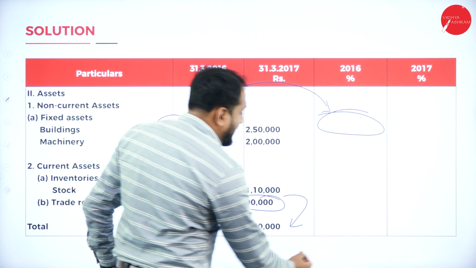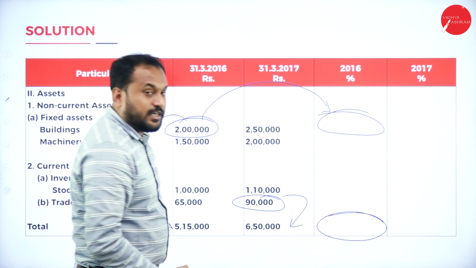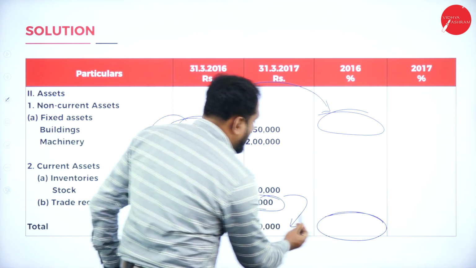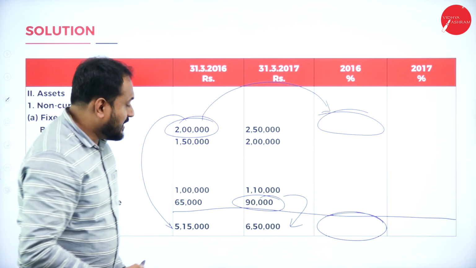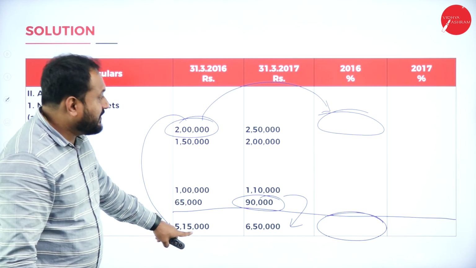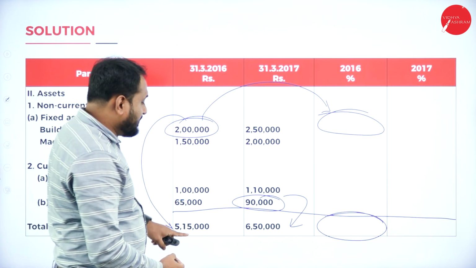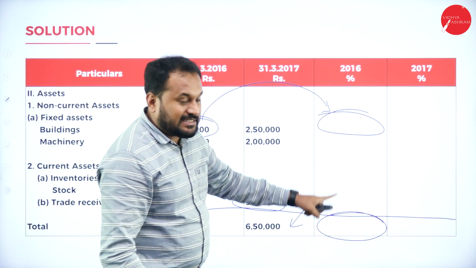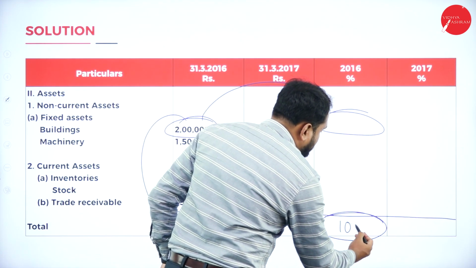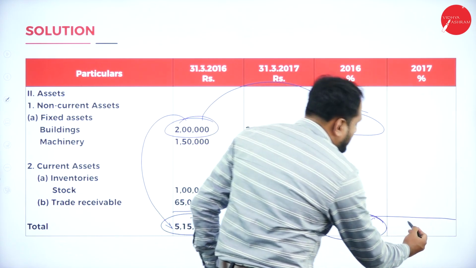Now how will you write here? This is the 2016 column, that is the total column. That is very simple: 5,50,000 divided by 5,50,000 into 100. Whenever you go with 2016, it is the same thing, so it is 100%. Here how much will it be? 100%.